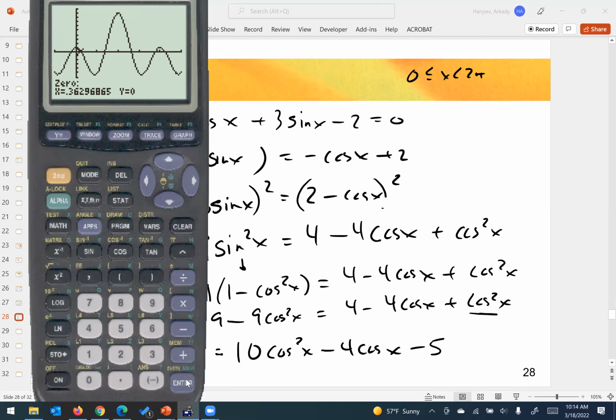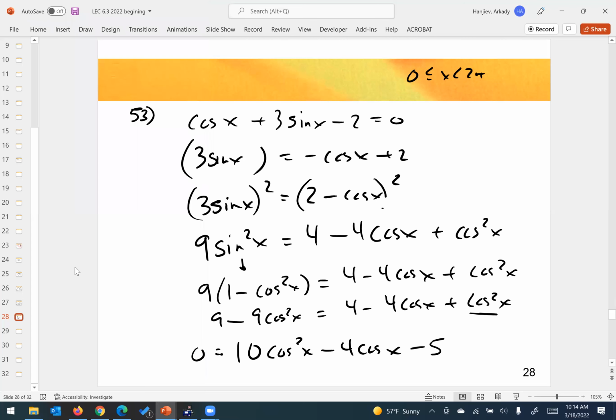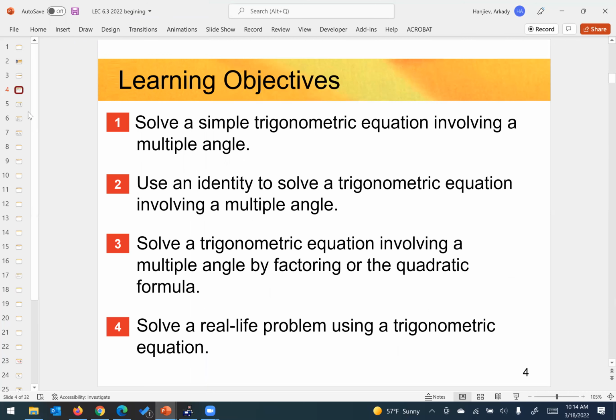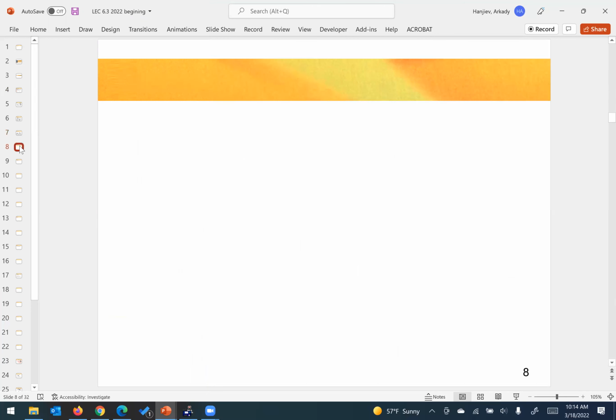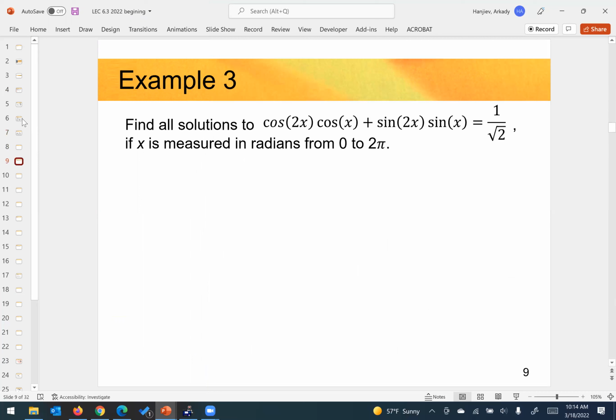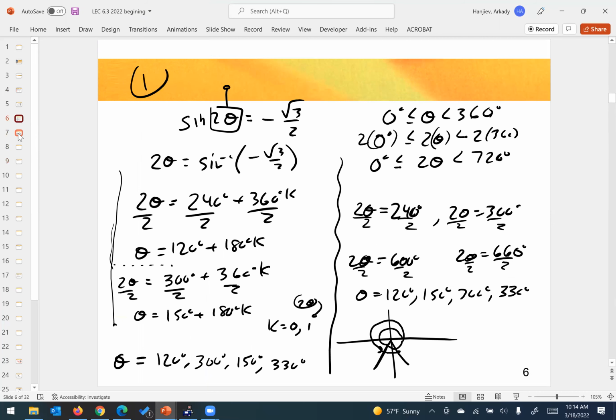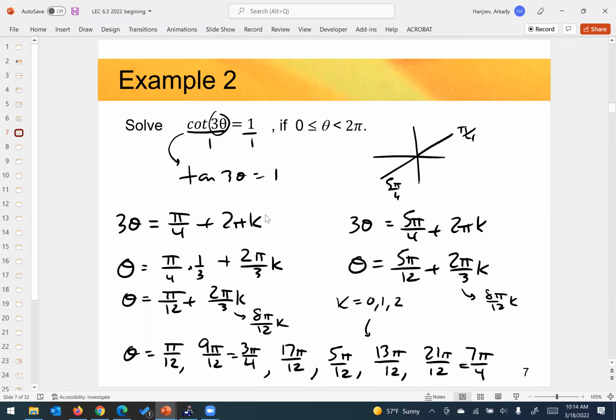Okay, just so we know where we're at for the rest of the time, we were in the middle of 6.3. We did multiple angles and learned how to do those.